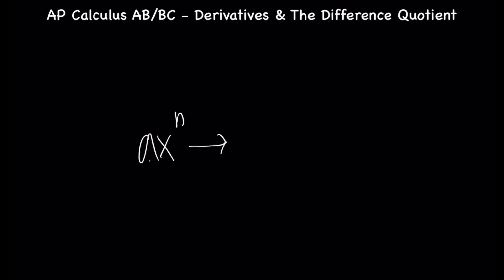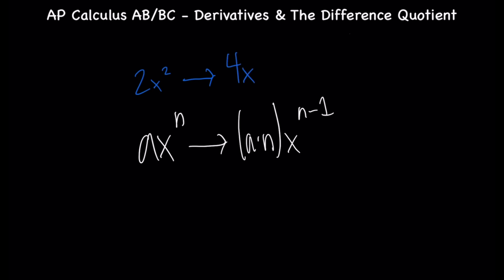The derivative of a times x to the power of n is a times n times x to the power of n minus 1. You see what we're doing here? Say we had 2x squared. The derivative of that would just be 4x.